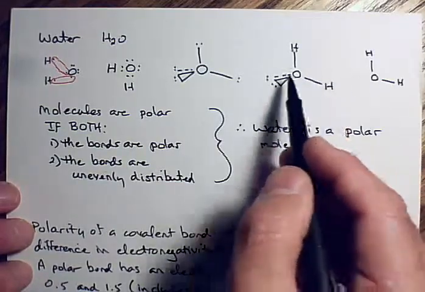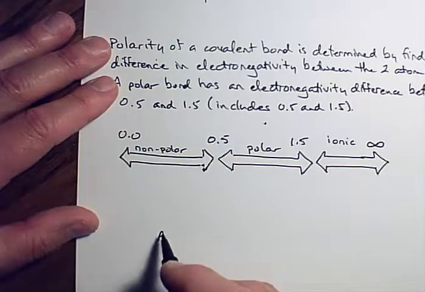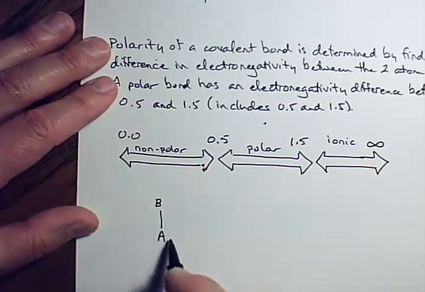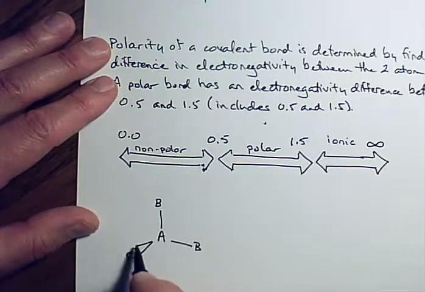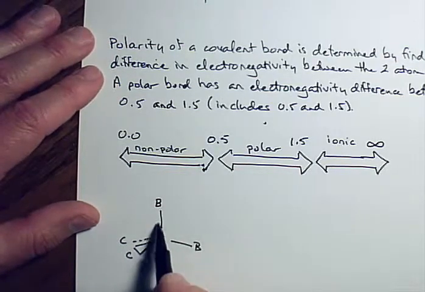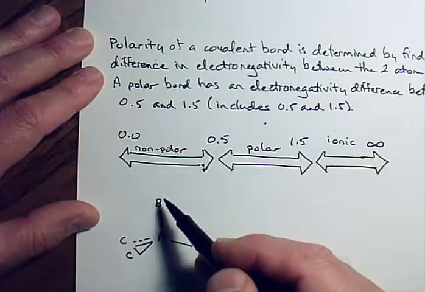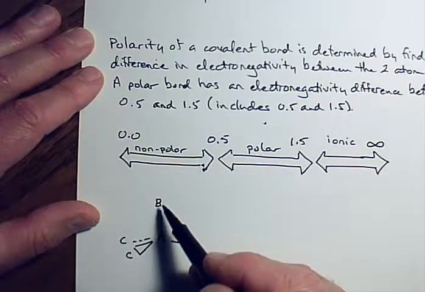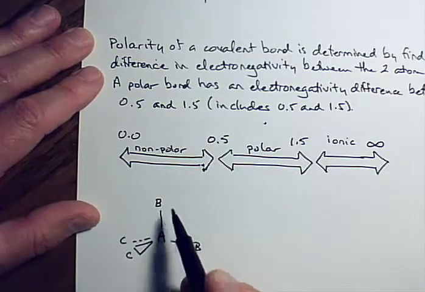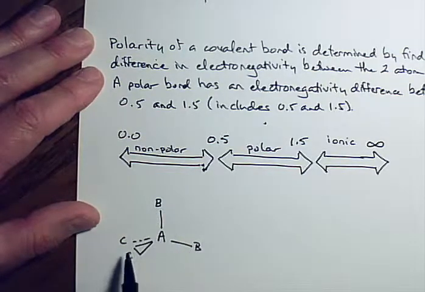For it to be polar, let's use this as an example down here. Let's say I have this molecule where I'm attaching B here and B here, but over on this side I've got C and C. If this bond is highly polar and B is the more electronegative element, there's a pull in that direction, and this in this direction, then those are polar bonds, right?